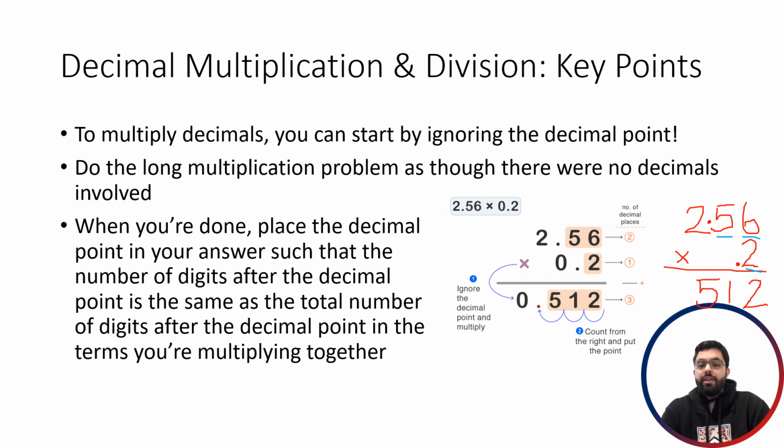So down here, I need to also make sure I've got 3 digits after the decimal point. So that's 1, 2, 3. And so that means we're going to put a decimal point right here. And then you have the option of putting a 0 in front of that. And you get a final answer of 0.512. And that's all there is to it when it comes to decimal multiplication.